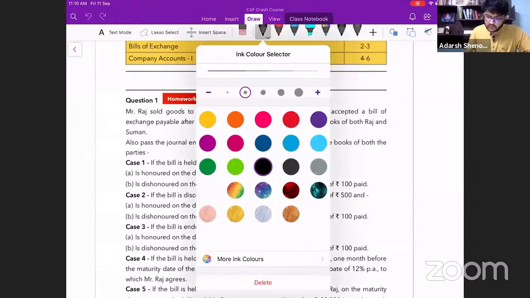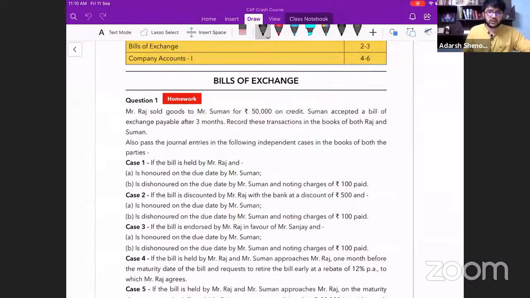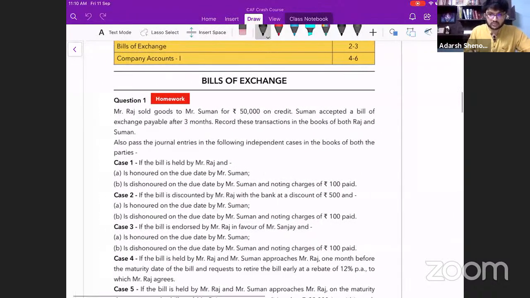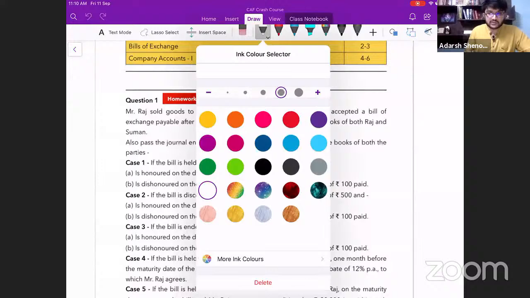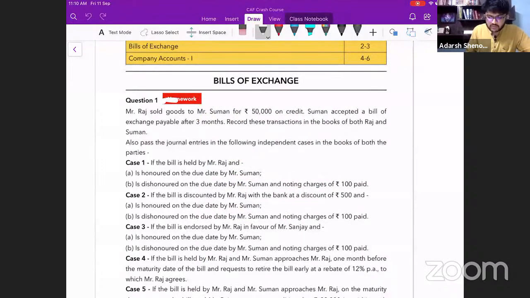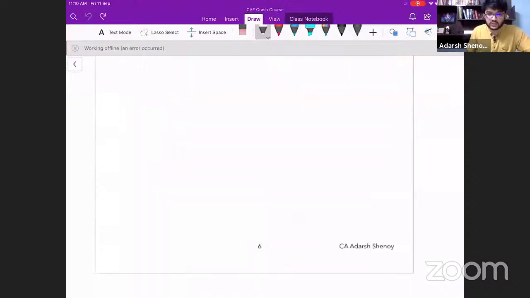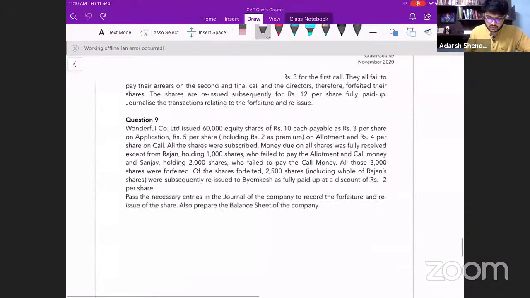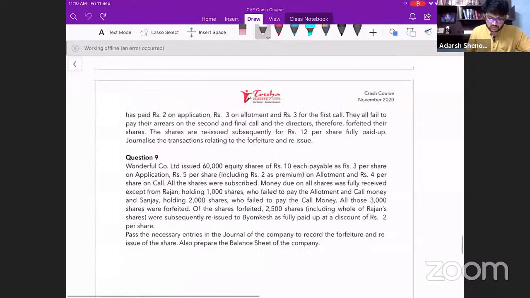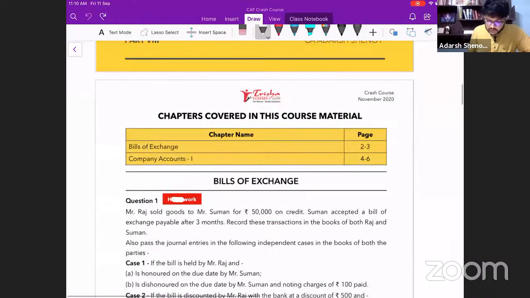It's not homework. We will do it in class. It's not mentioned as homework in the document you've got. Yes, we will do it in the class.